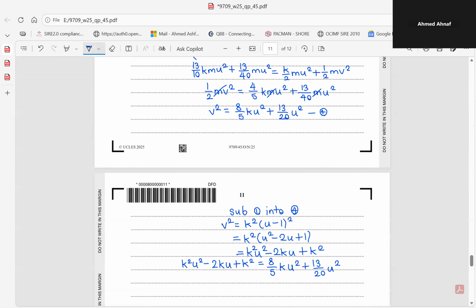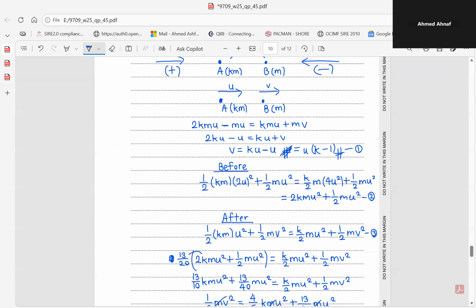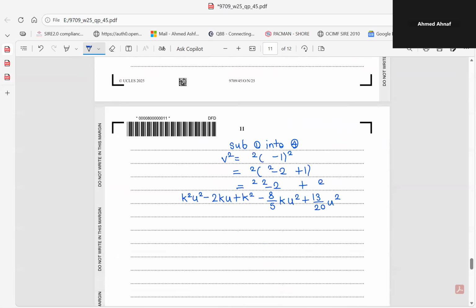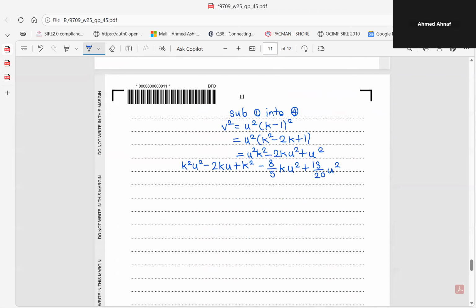All right, so here we know u squared times k minus 1 squared, k squared minus 2k plus 1, equal to this.